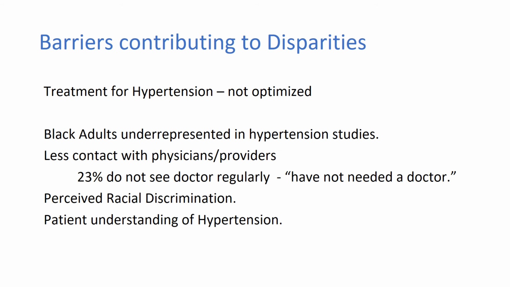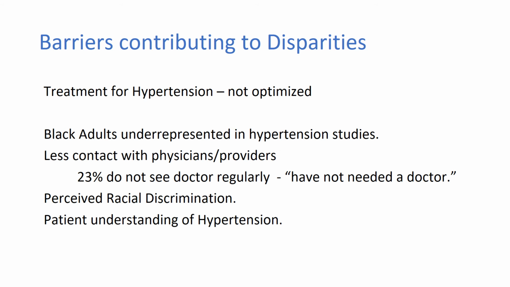I would say it's general consensus that treatment for hypertension has not been optimized for Black adults as it has for non-Black adults. In addition, they're often underrepresented in hypertension studies, which can lead to that lack of optimization. And then there's notably less contact with physicians and providers. 23% of Black adults stated that they don't see a doctor regularly because they perceive that they don't need a doctor.